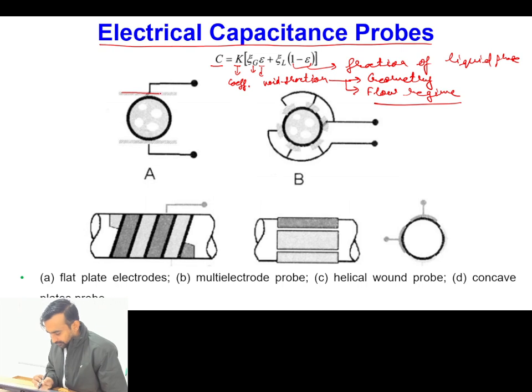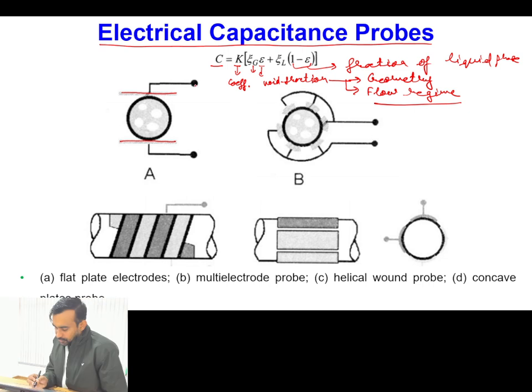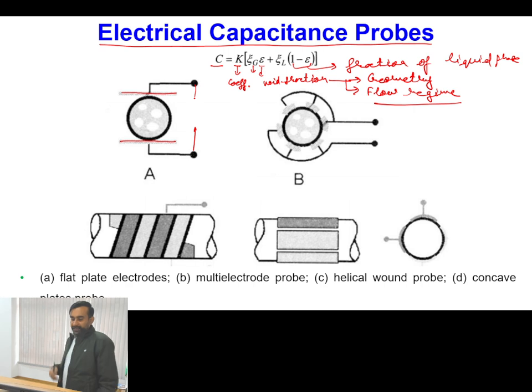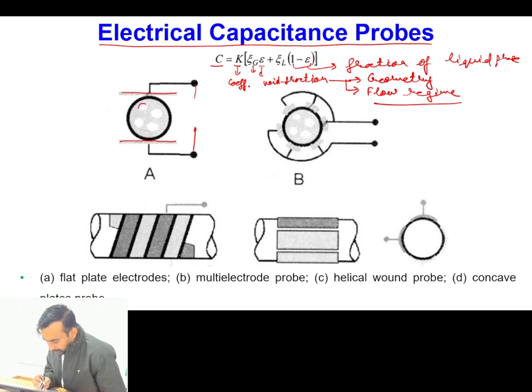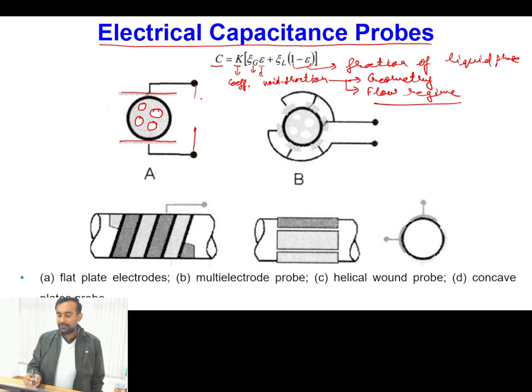I have one flat plate electrode at the top, one flat plate electrode at the bottom, and these two electrodes are connected to measure the capacitance. In between, depending upon the void fraction, say these are my gaseous voids present in liquid, we will have different values of capacitance.